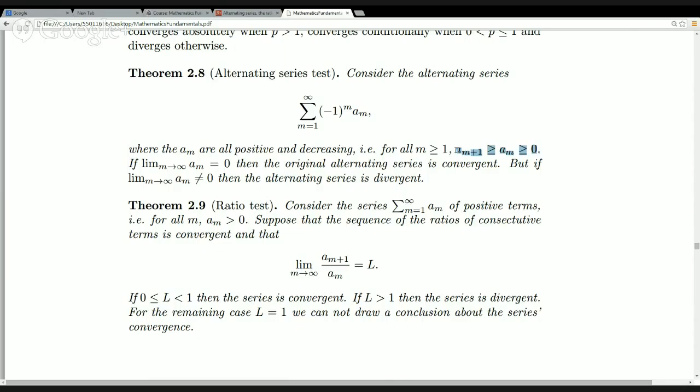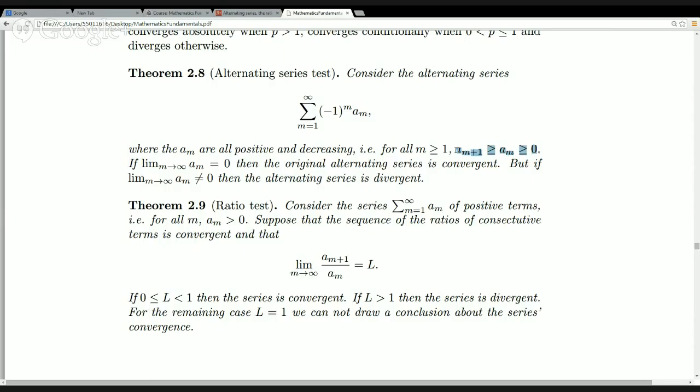So an alternating series will only converge if these conditions are true. If the step size is decreasing and converging to 0. If the step size isn't converging to 0, so if there is no limiting value for the step size, or if there's some non-zero limit, then ultimately the partial sums are going to be stepping up and stepping down by that fixed amount, which is the limiting value of the step size.